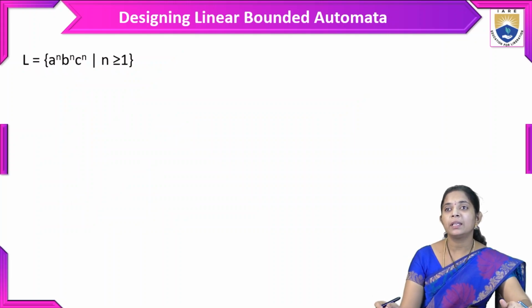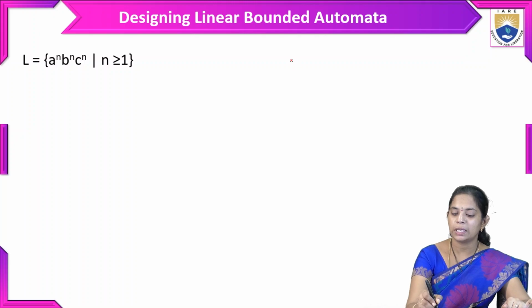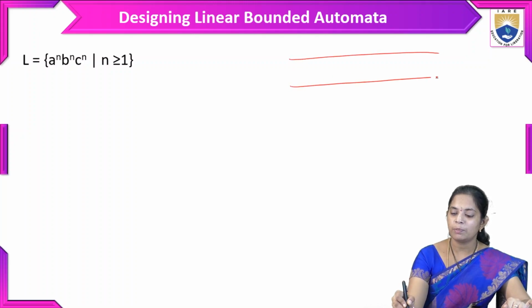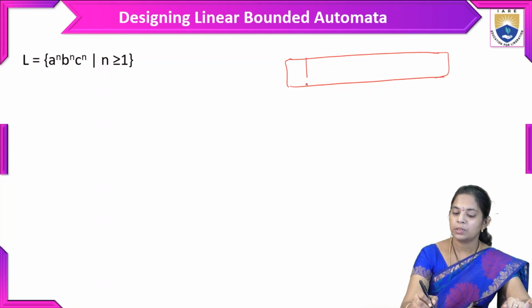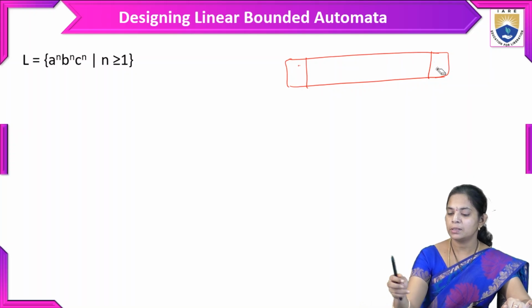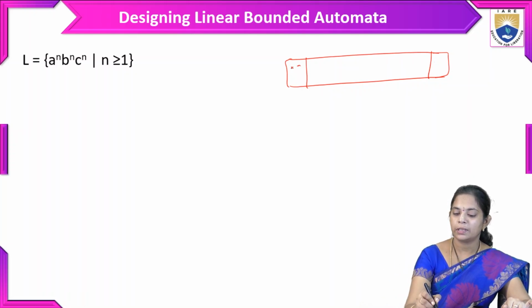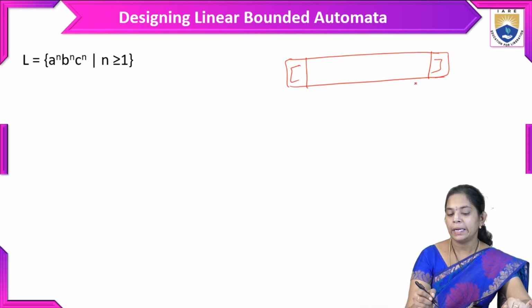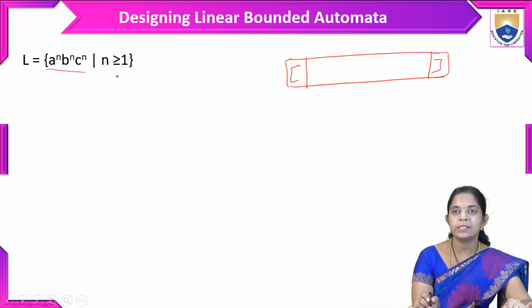So how to design the linear bound automata? Generally we have the input string, which is bounded in between. These are the boundaries, so we write a left end marker and right end marker, or we represent them with square braces. And here a power n, b power n and c power n.